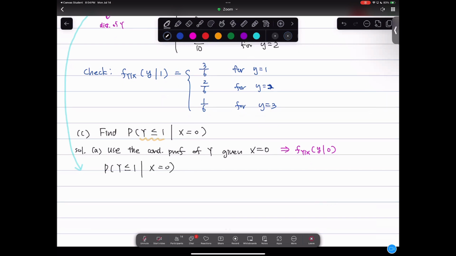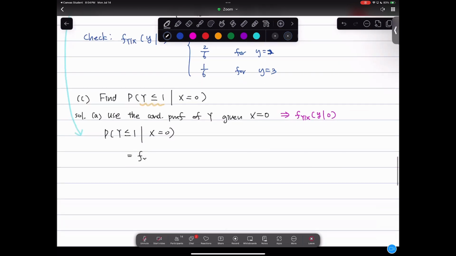So I can do the conditional probability y given x. Y can be 0, y can be 1. So y can be 0 given x of 0, and also y can be 1 given 0.